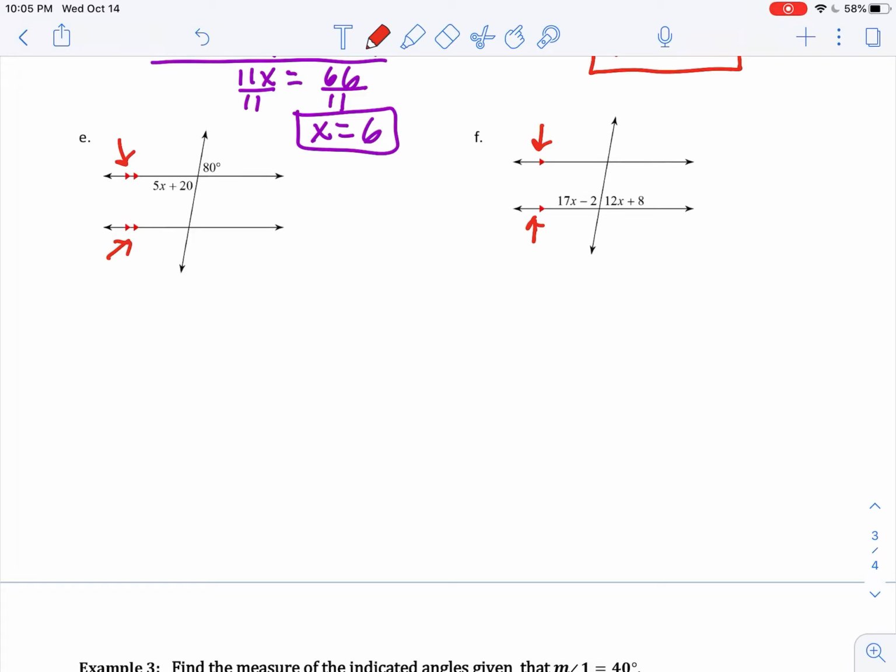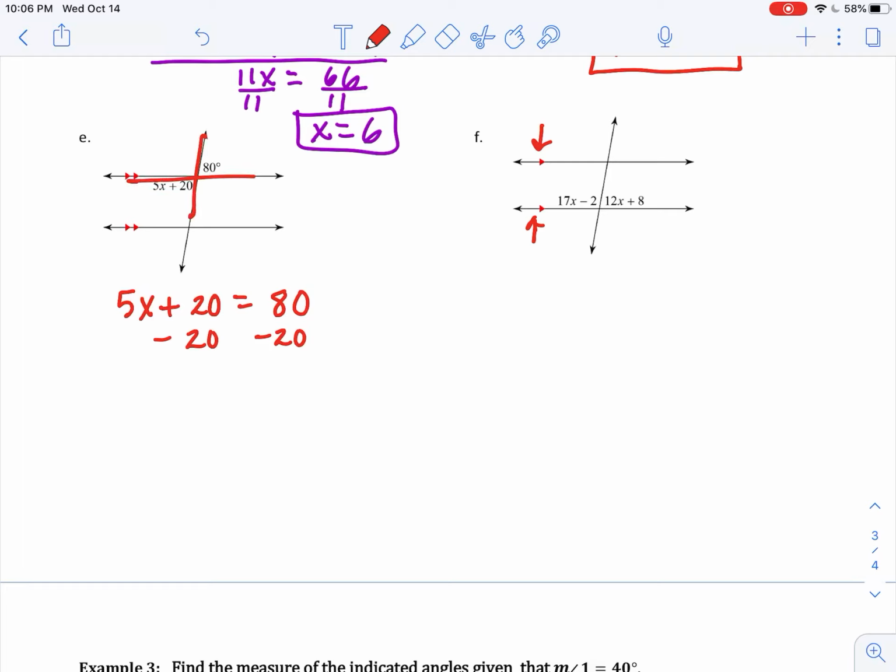All right, in example E, we have a set of vertical angles. Again, those angles don't even need this bottom line down here, right? They don't need that line. And so that means we're back to the angles we learned about in chapter 1, either a linear pair or vertical angles. And this happens to be a set of vertical angles because they're on opposite parts of an x. So that means the 5x plus 20 is going to be equal to the 80. And that's really the same thing we've been doing since chapter 1.